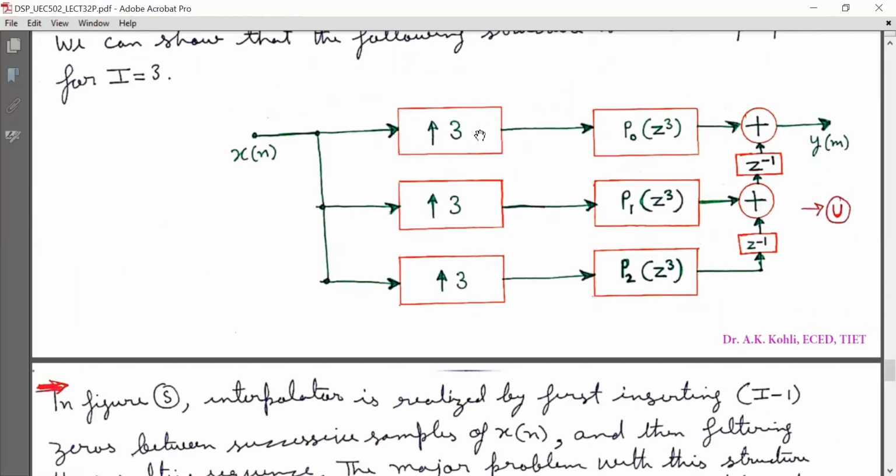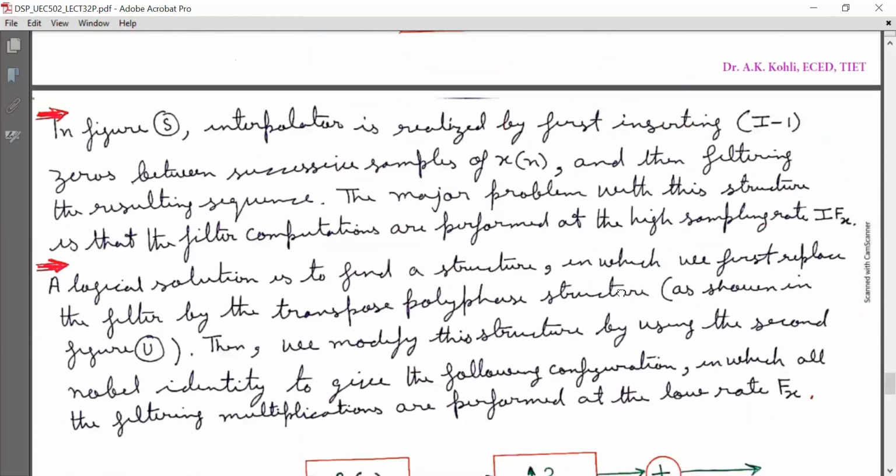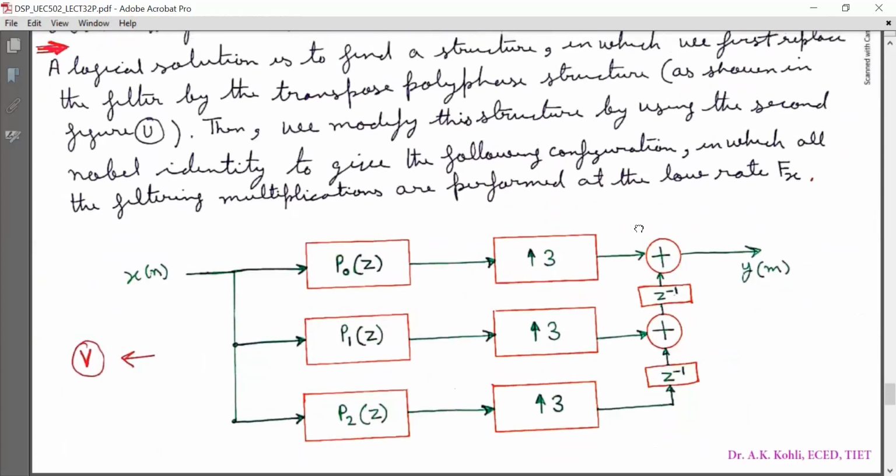Now I can swap this upsampling block and this filter block by using the second noble identity, and I will have the resultant structure R. Now in this, all filtering multiplications are performed at a low rate Fx. So this is a computationally efficient structure.